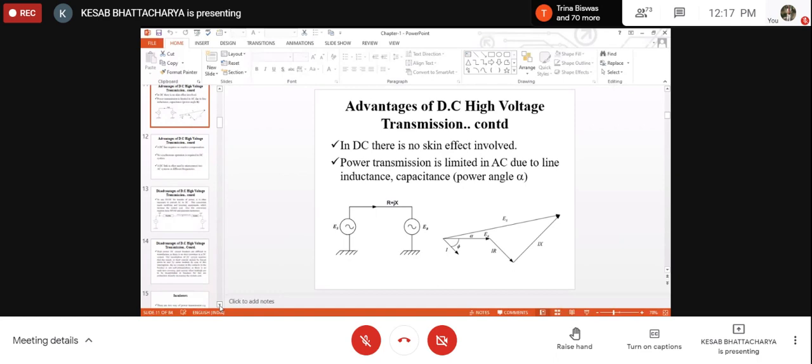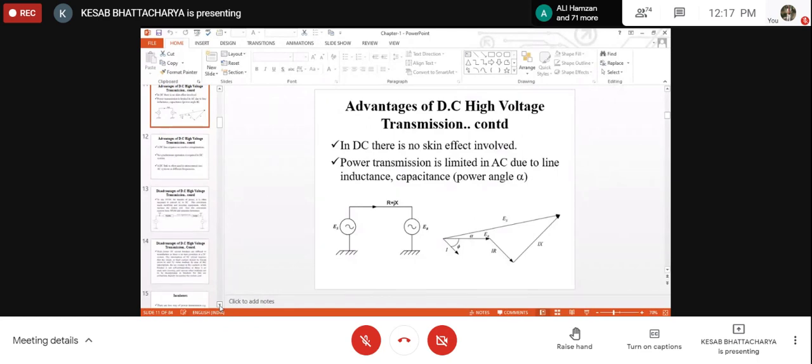I think you have already studied the expression for power transmission from sending end to receiving end in terms of sending end voltage, receiving end voltage, and delta. That is ES ER by X sine delta. This expression you must have seen, have you come across it?